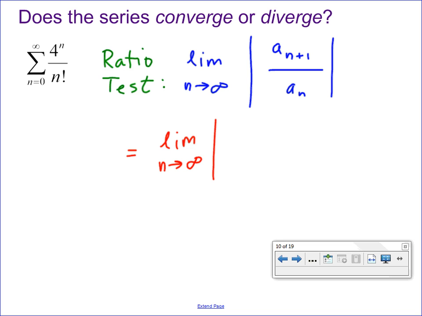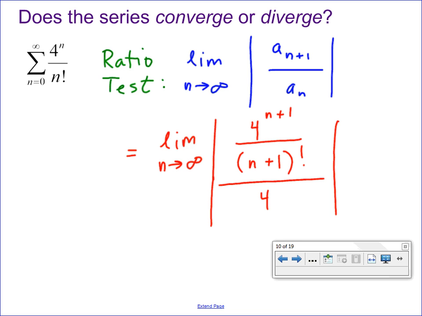Going to my original nth term, it would be 4 to the n plus 1 over n plus 1 factorial. You agree that's the n plus 1th term? I went to my term, and I plugged in n plus 1 for my counter, and this is all over the nth term. Well, the nth term is 4 to the n over n factorial.